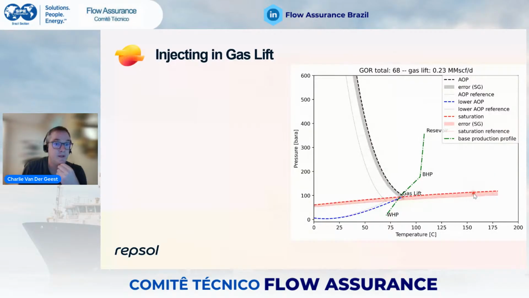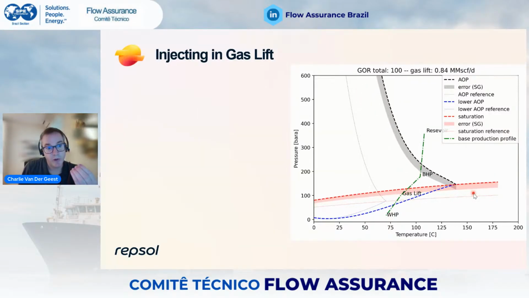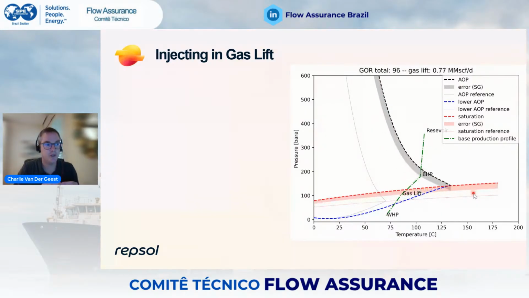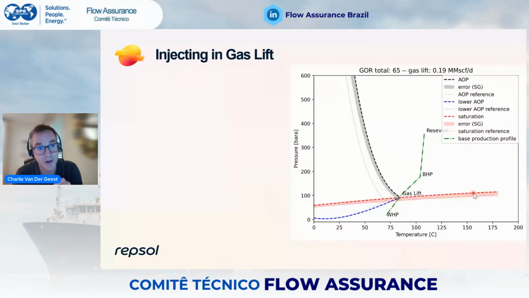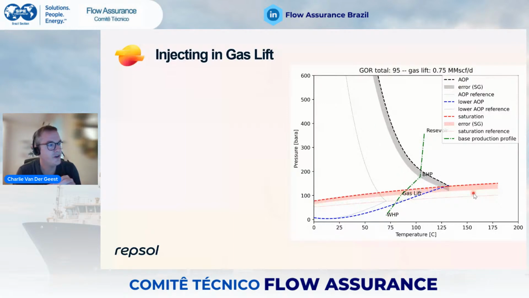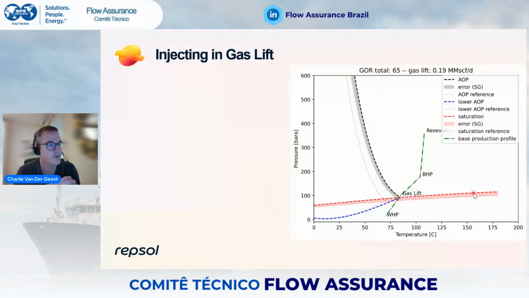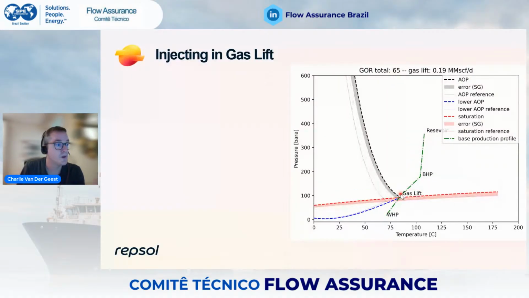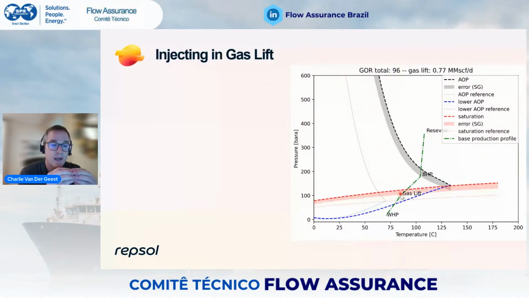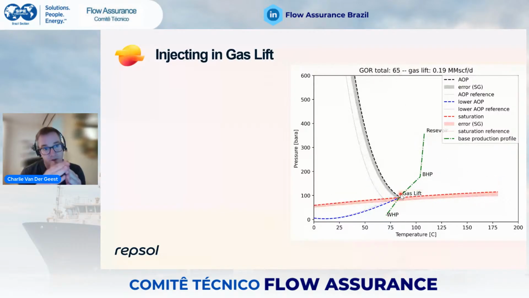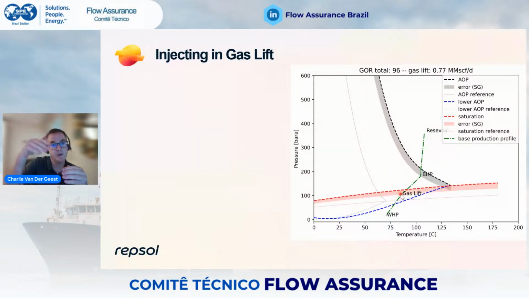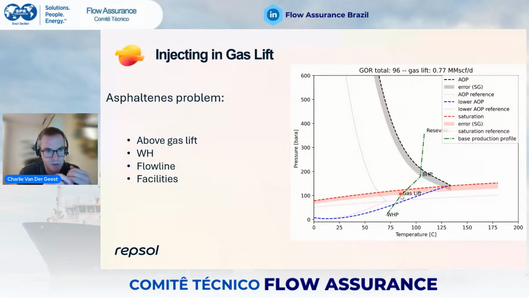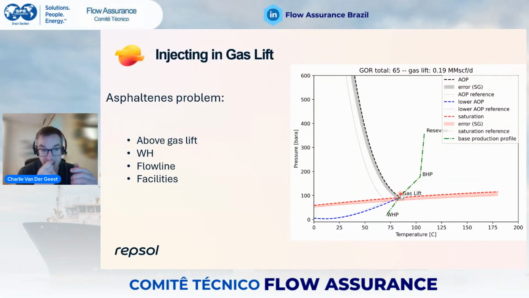And that's interesting and important, because once you get to the point where you could have a problem, for example, if you're injecting the gas lift here, then you can have asphaltene problems after that gas lift. As it goes up your system, everything from the gas lift onwards, you'll have problems: the wellhead, the flow line, facilities, if you are in that window.